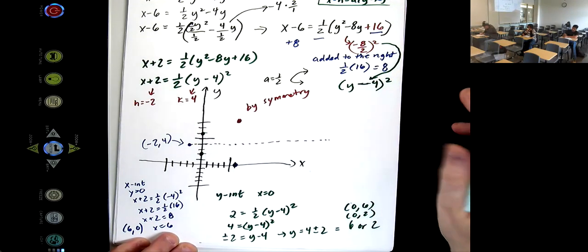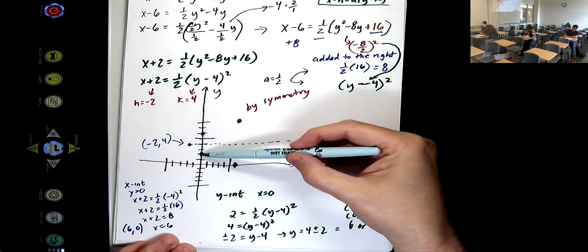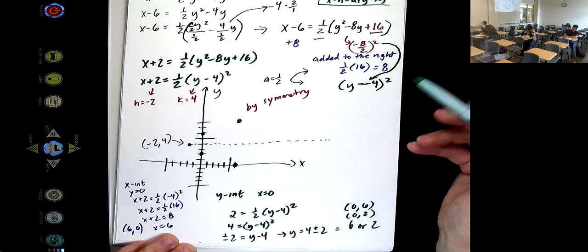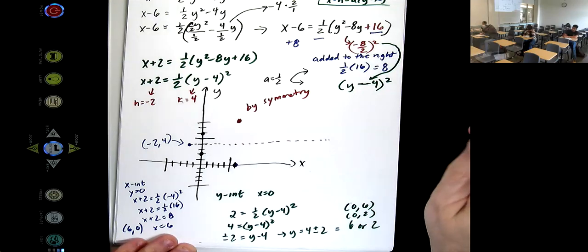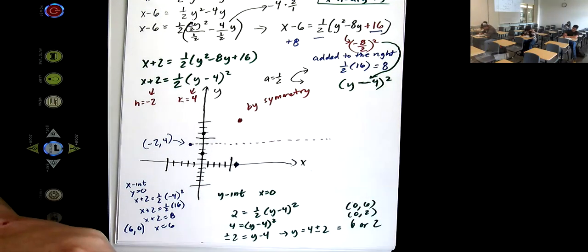And we can see that symmetry still holds. It's 2 below this axis and 2 above that axis. Then we just connect the dots.